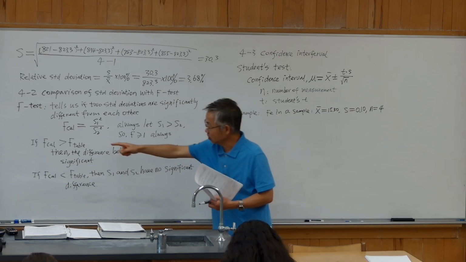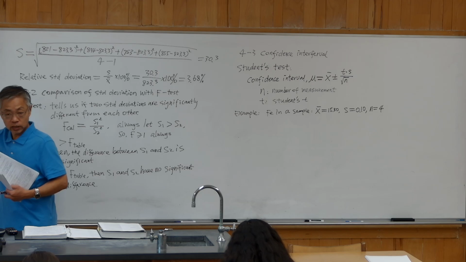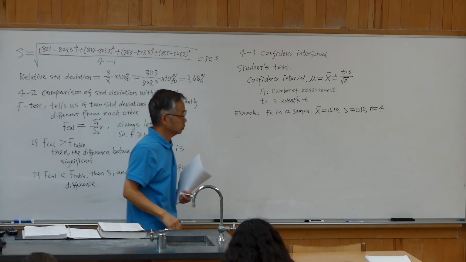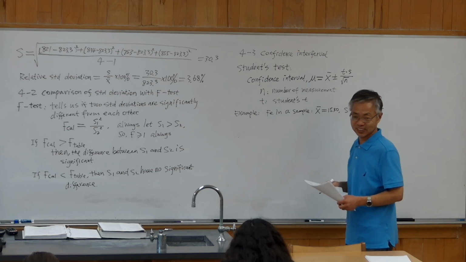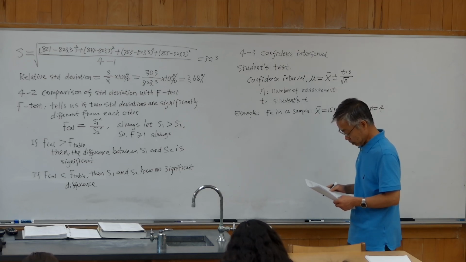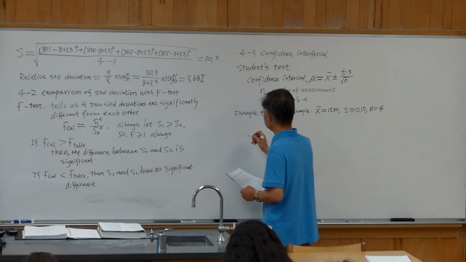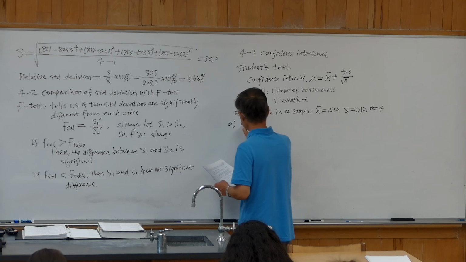Just like here, 4 numbers. You can calculate the average, and you can calculate N, and it's 4. Then what is the confidence interval at different confidence levels? Let's say this is the 90% confidence level.